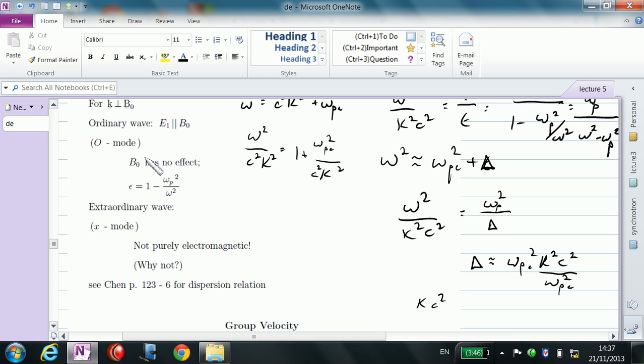I can draw a picture if you want. If B naught is like this and K is like that, and V starts off like that, or E, then eventually there's going to be particle motion in the K direction, and charged particles will move in opposite directions if they have opposite signs.